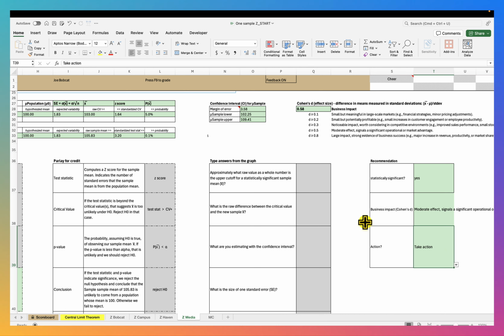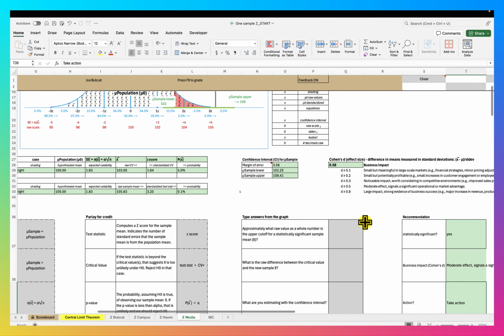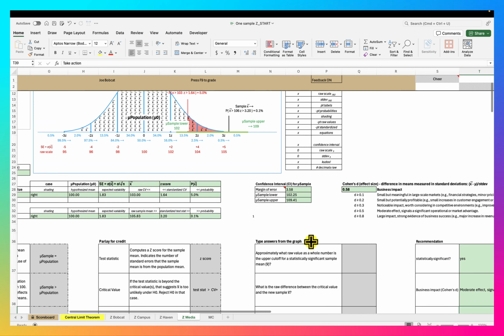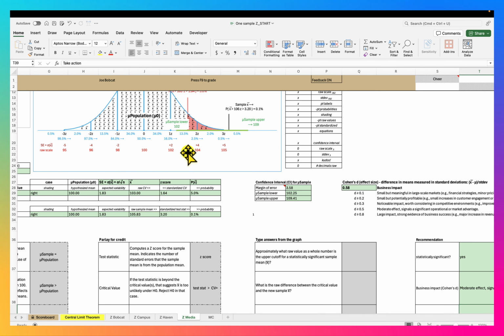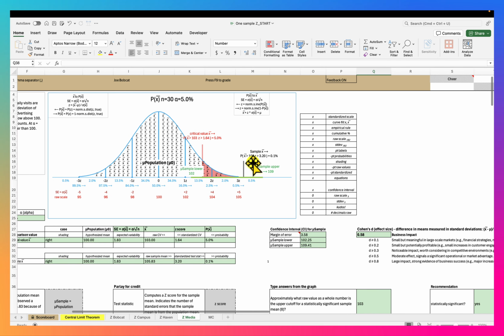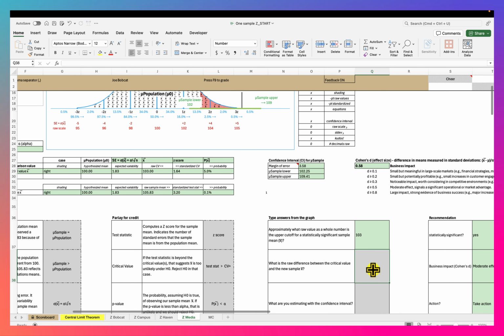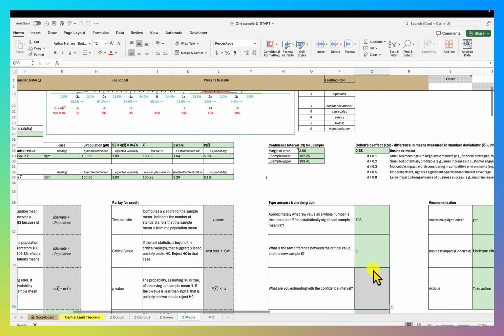That's awesome. All right. Now, approximately what value, as a whole number, is the upper cutoff? That's between 102 and 104, so it's 103. What's the difference between the critical value and the new sample x bar? From the graph, it's the difference between 106 and 103, so it's 3. Because it's asking for effectively a whole number that's shown on the graph.